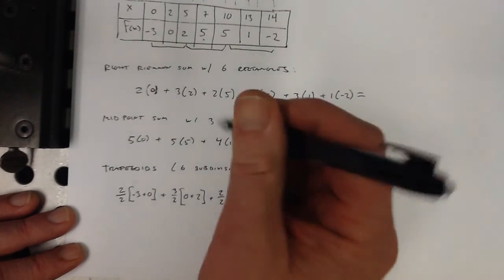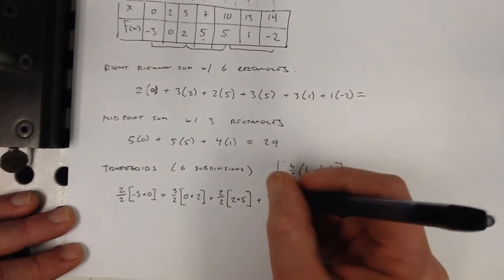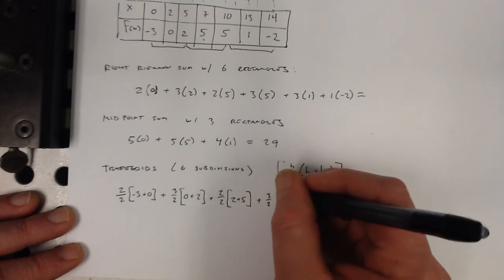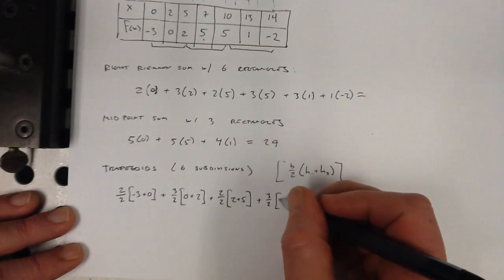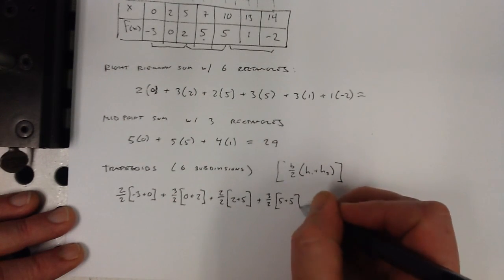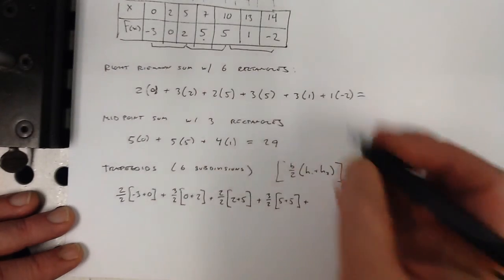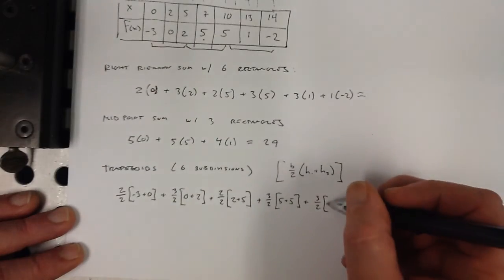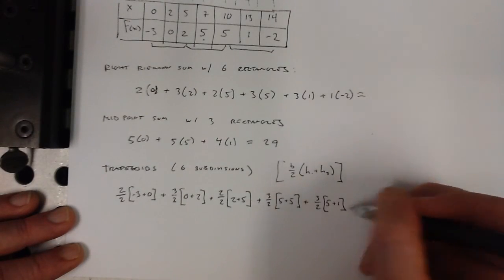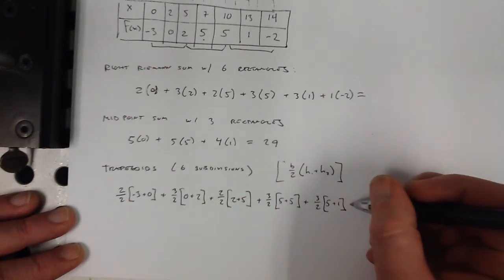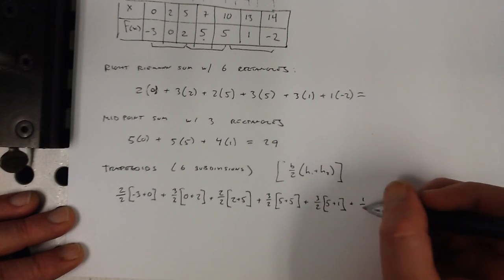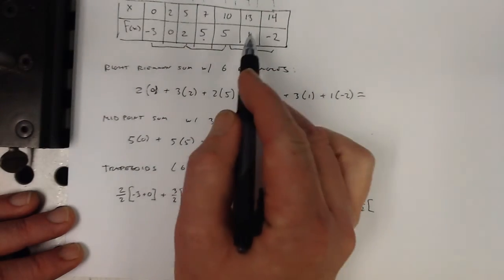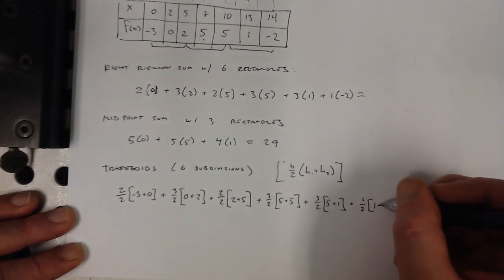This is tedious, but it's not hard. 3 base of the next one, 5 plus 5, 3, the base of the next one, 5 plus 1, 1, the next one, and 1 plus -2.